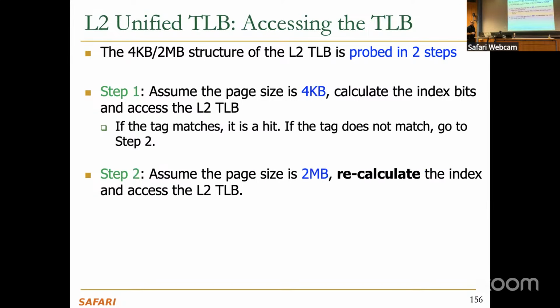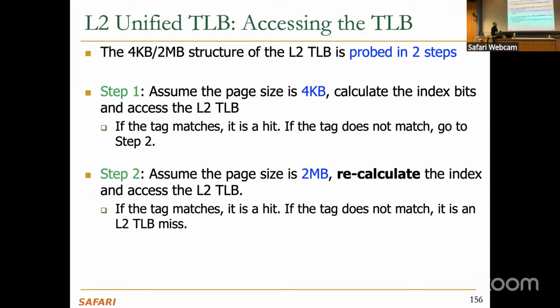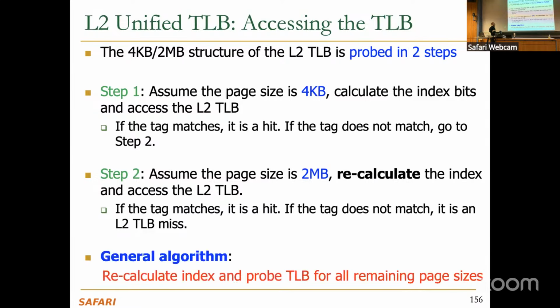And in step 2, we change the assumption about the page size. We assume right now that the page size is 2 megabytes, which means that I will recalculate the index, recalculate the offset, and access again the L2 TLB. And if the tag matches, it is a hit. If the tag does not match, it's an L2 TLB miss. And the general algorithm, as you can think of it, is that if I have n page sizes, then I would do this for n different page sizes and access the TLB sequentially for each one of them, right?